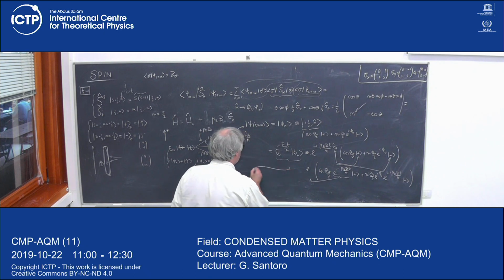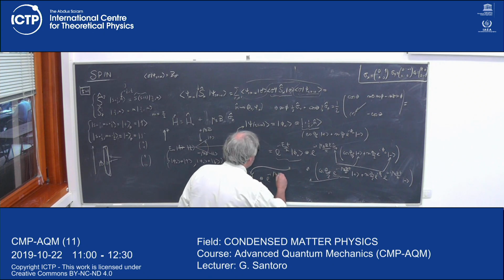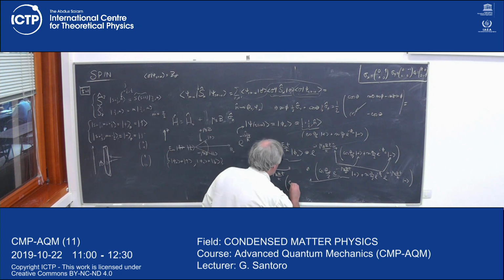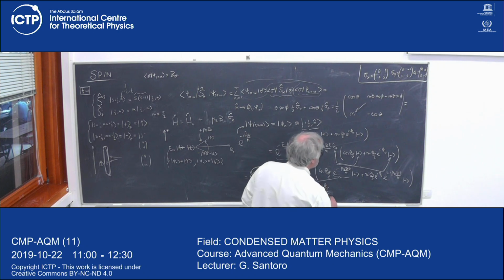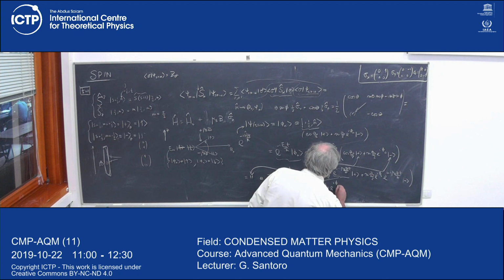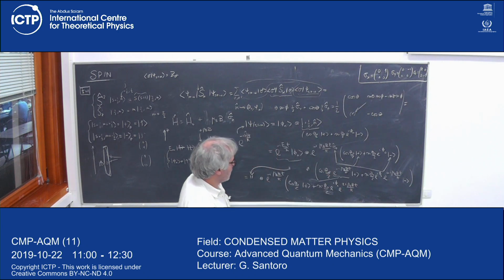This object as before times e to the minus i mu_B B t over h bar, and then I have cosine of theta_0 over 2 times the plus, plus sine of theta_0 over 2 e to the i phi_0, the original thing, times e to the 2i mu_B B t over h bar, minus.